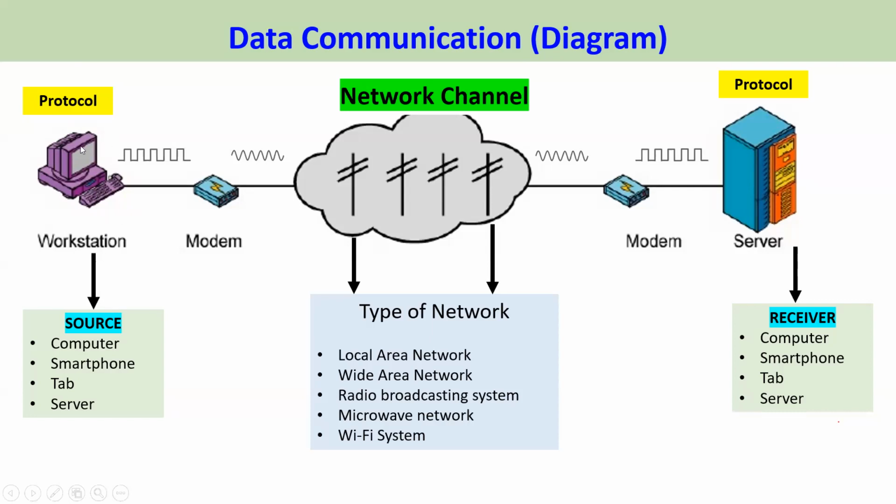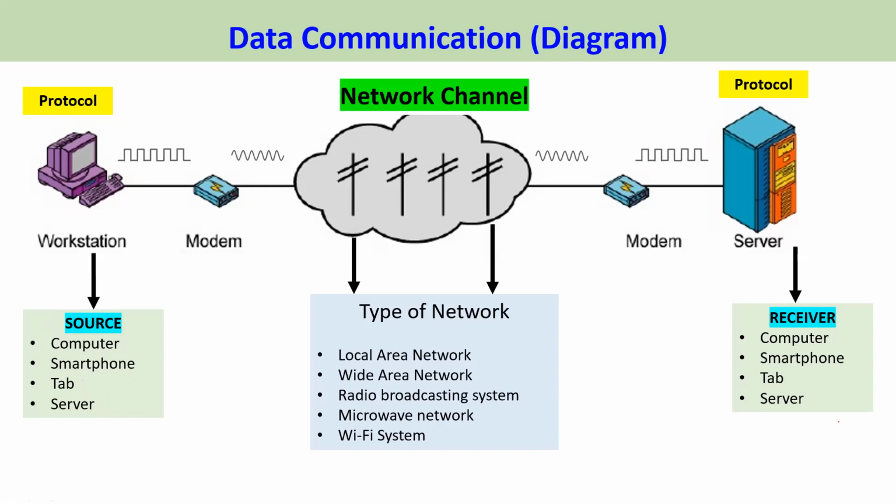This source station may be a computer. It should be a digital device, meaning a computer, smartphone, tab, server, or any type of digital device. As I mentioned earlier, digital devices normally produce digital signals.